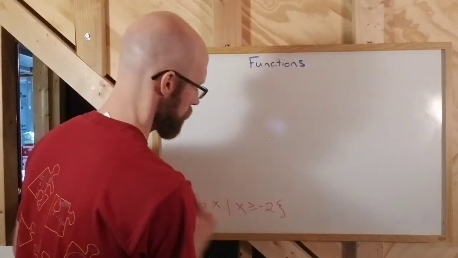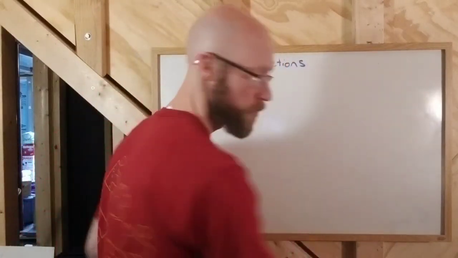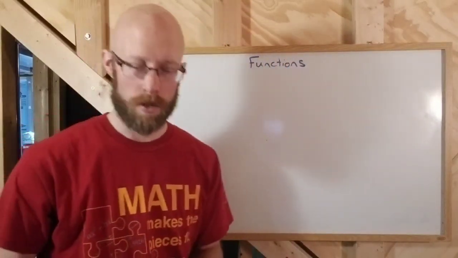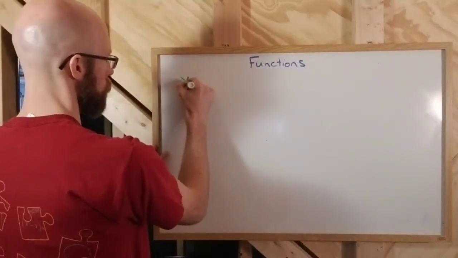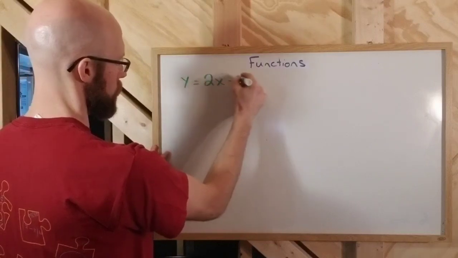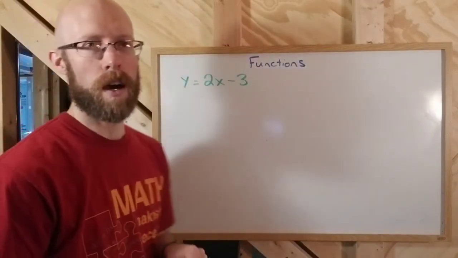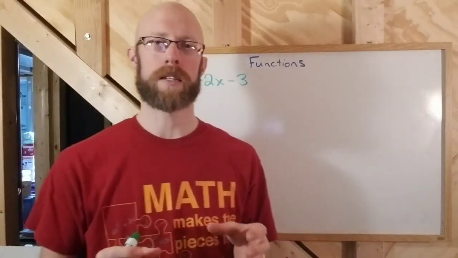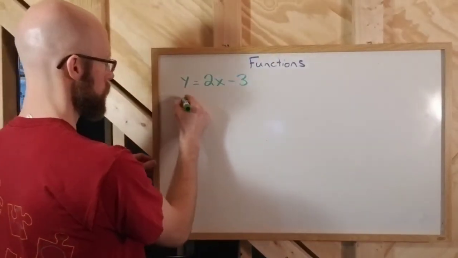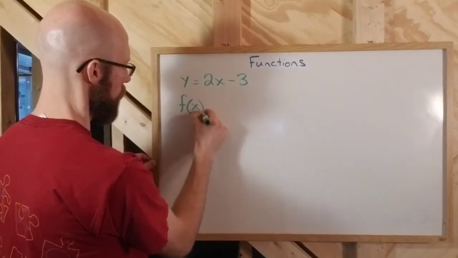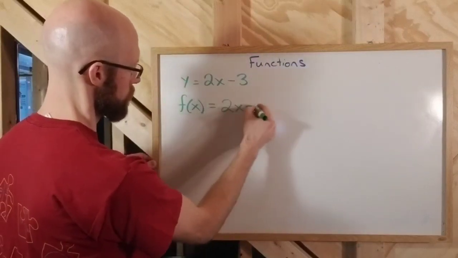Now I should talk about function notation for a moment. Function notation is very important. Go back to that first example I had where y equals 2x minus 3. We have a notation that nicely relates the inputs to the outputs. That notation is called the f of x notation.